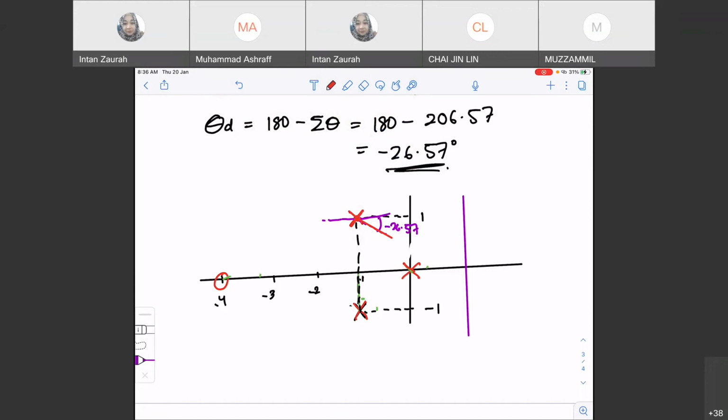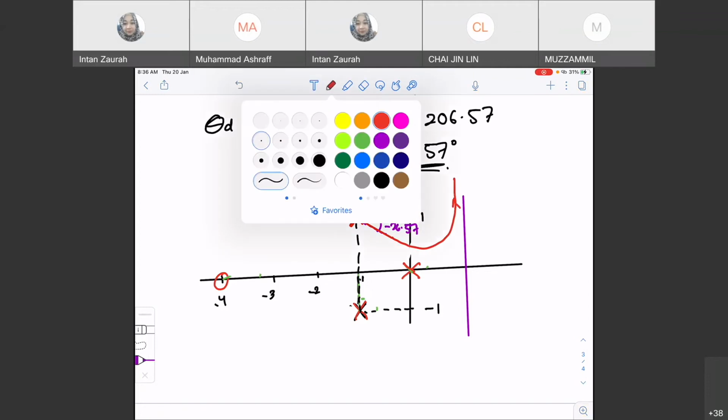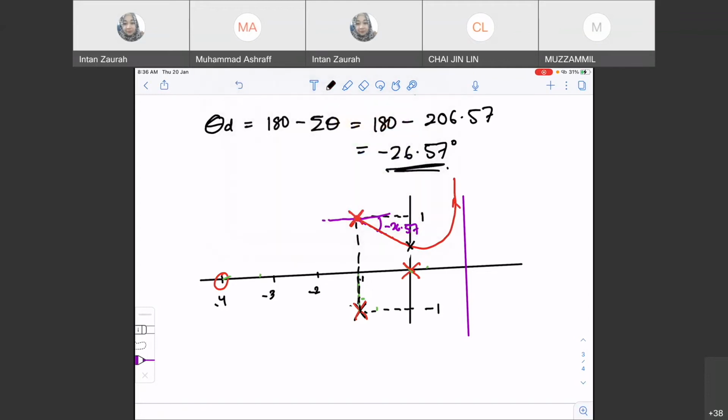Dia macam tu. Okay. And then baru dia pergi ke asymptote. And then naik macam tu. Okay. So another important point that you need to find is the crossing at your imaginary axis so that you know how long dia nak turun bawah before dia naik atas. Okay, is that alright?